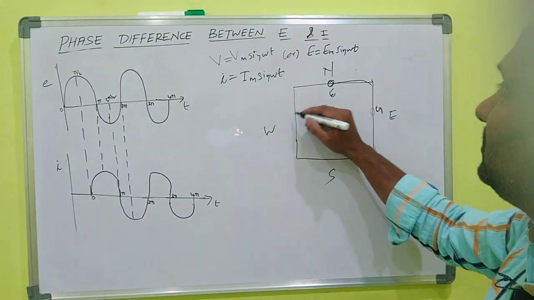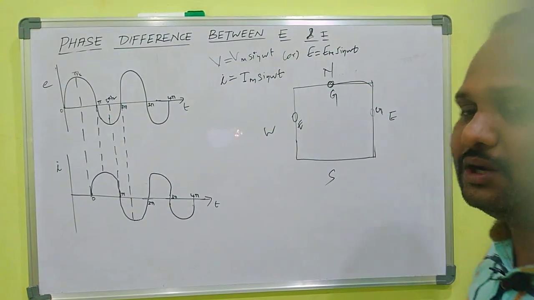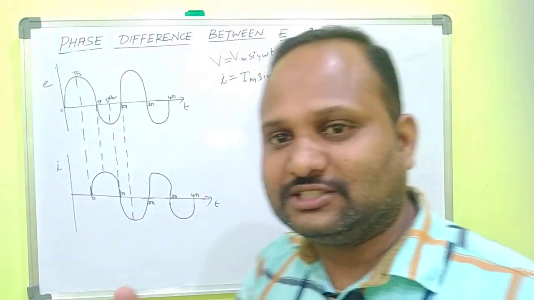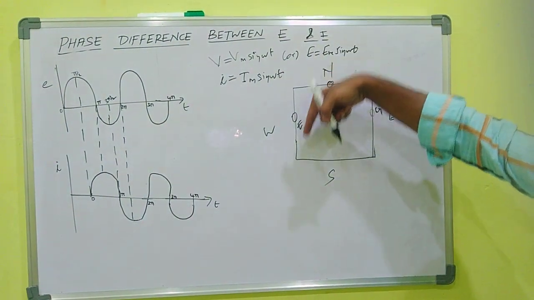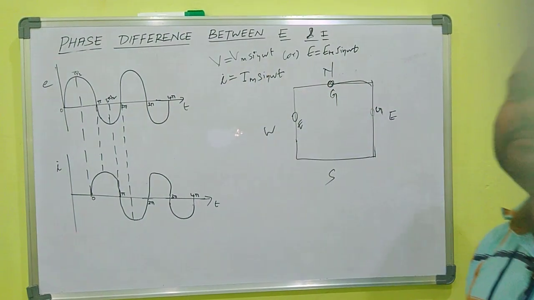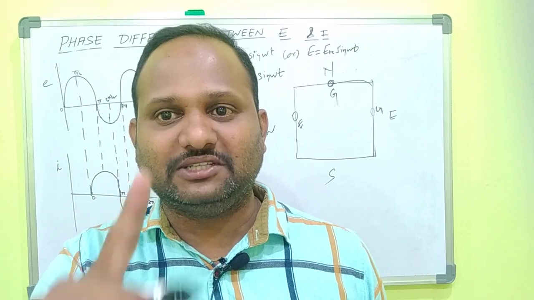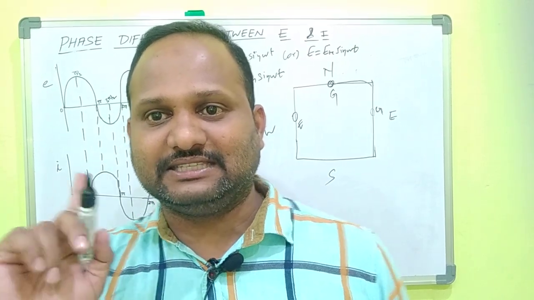At the second point, when the engine goes towards north, the guard goes towards west. So here also there is a change in direction, but the path followed and the velocity are exactly the same.